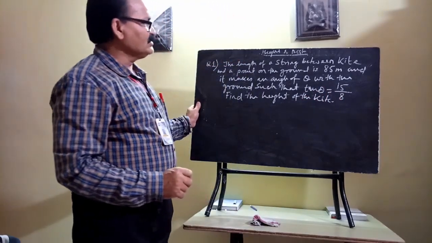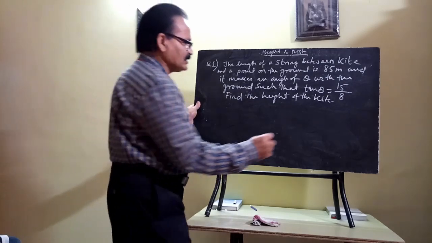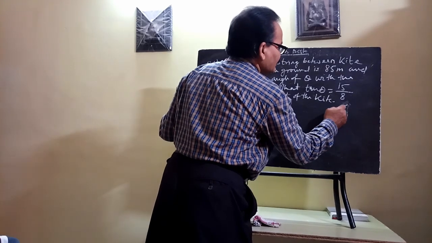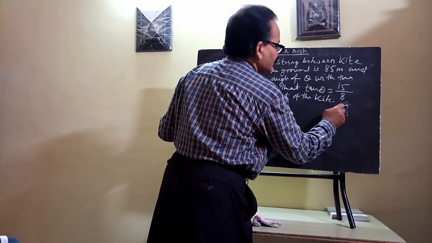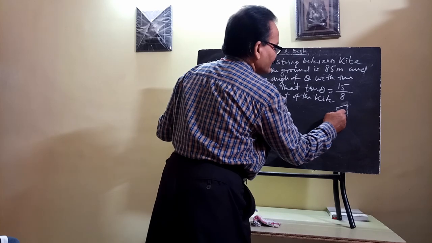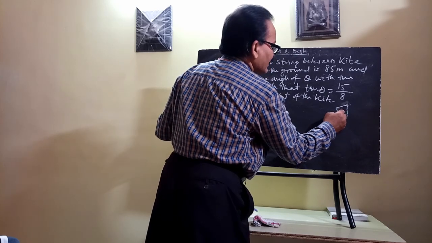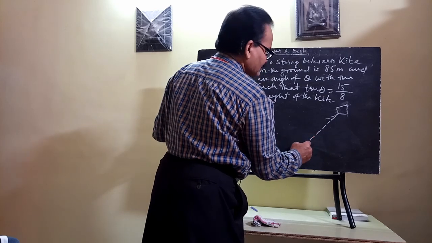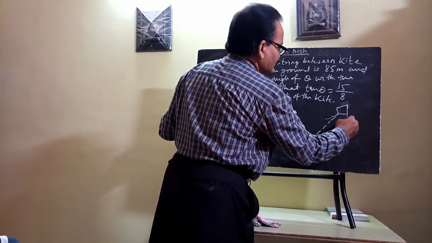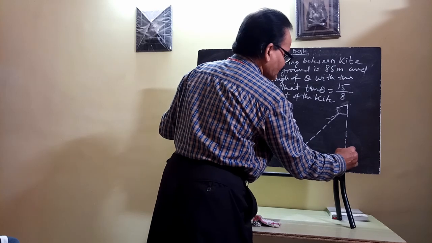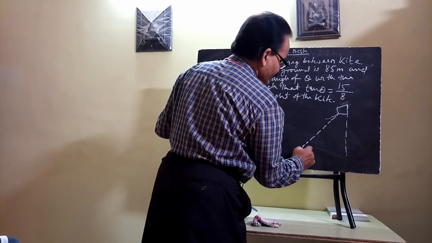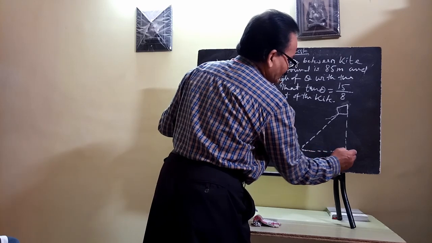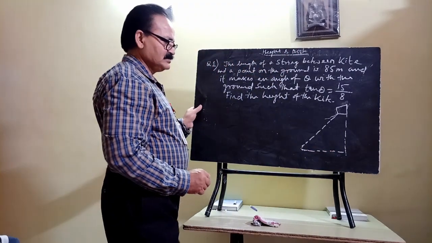So you see the length of a string between the kite. Suppose this is your kite that is flying in the sky. This is your kite, and this is the string, and this much will be the height of the kite. So first of all, from the question, you have to draw the diagram.